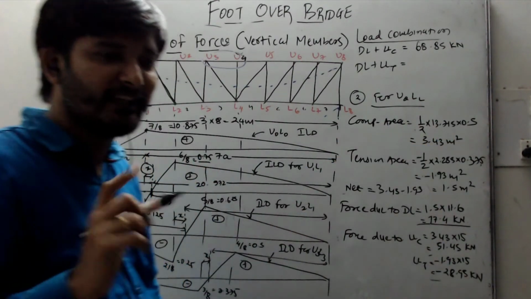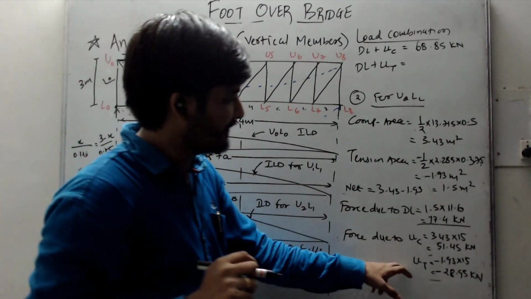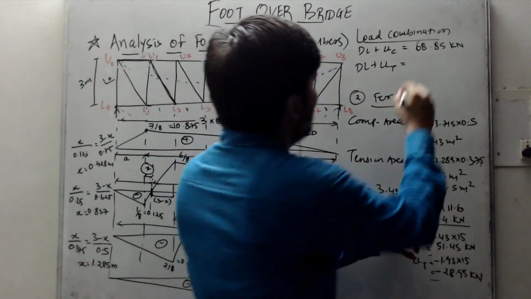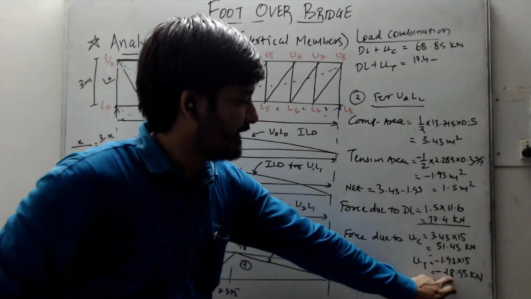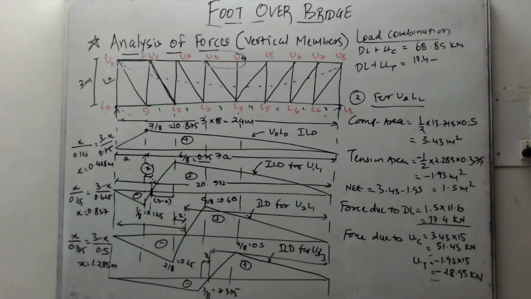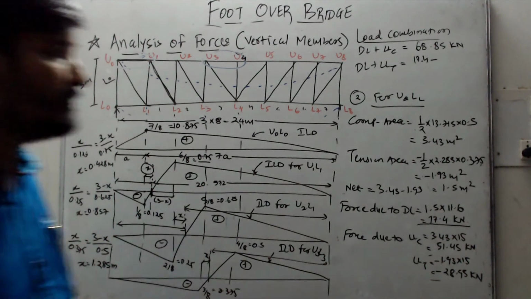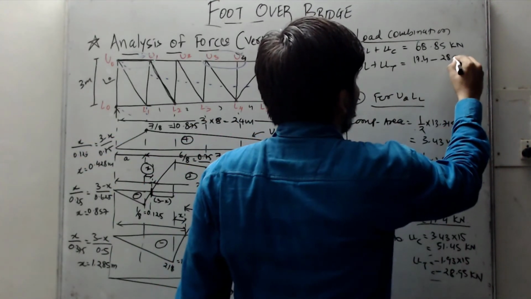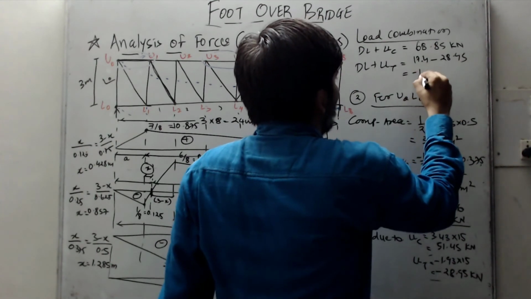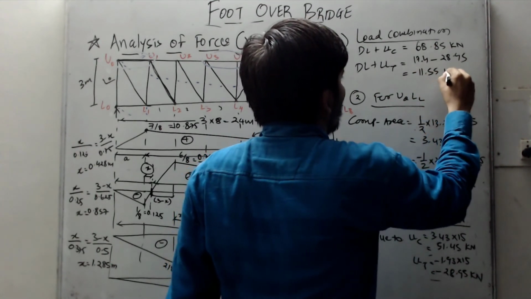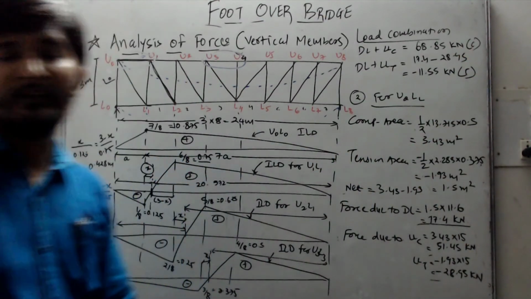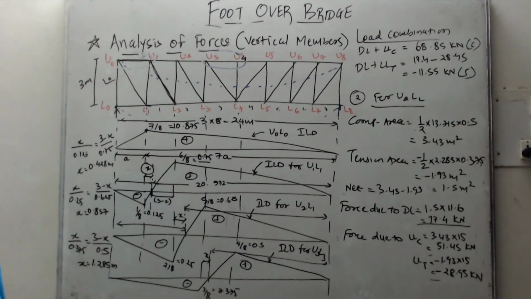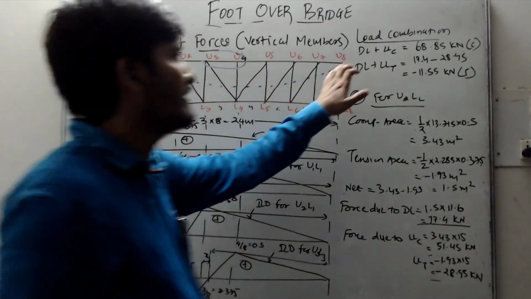For the second combination, dead load is 17.4 minus tension 28.95, so I'll get the answer as 11.55 negative. So here there is a tension force coming in one of the combinations. So this should be designed for compression, check for tension.